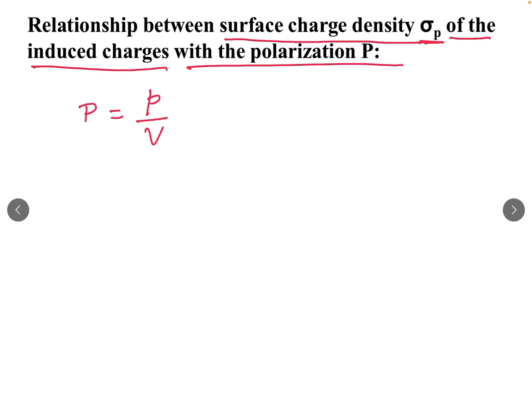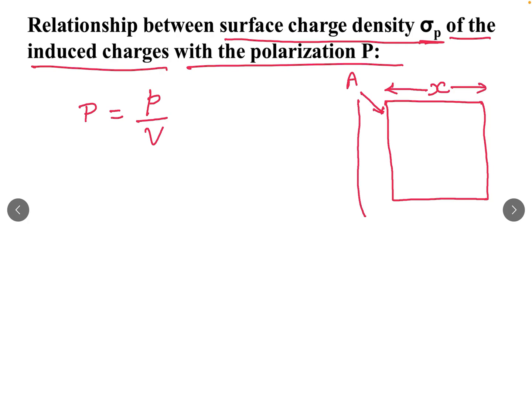Suppose this is a dielectric slab, its area of face is A and separation between the faces is X. When this slab is placed inside the electric field, or between a parallel plate capacitor, negative charge will be induced on this face and positive charge will be induced on this face.